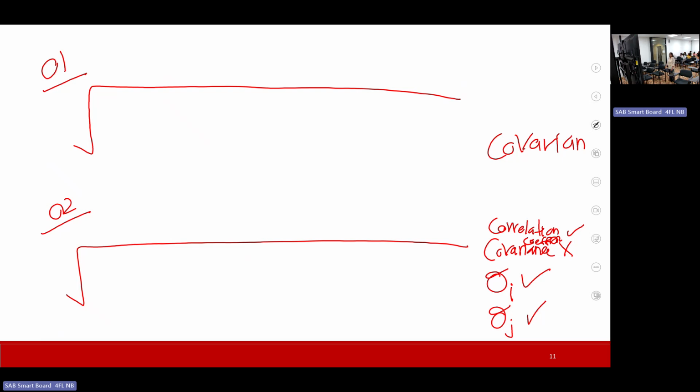In the first scenario, you know the covariance. You have taken the long method to calculate the covariance.